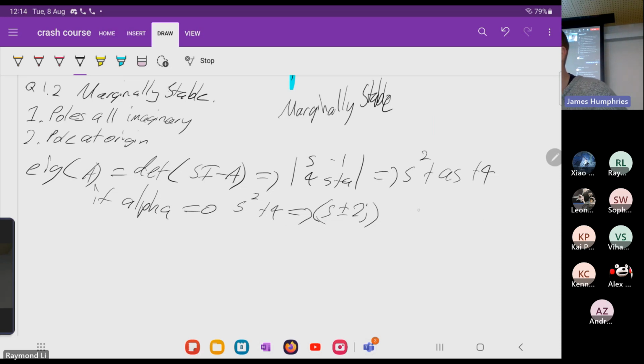And then the oscillations occur at 2, well, it's not really omega, is it? It's just rads per second, which ties into this 2 right here.